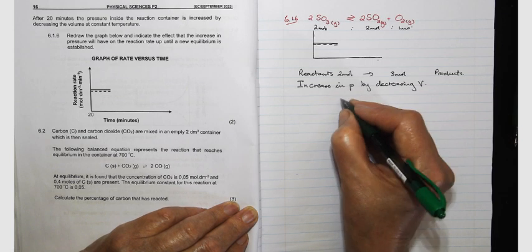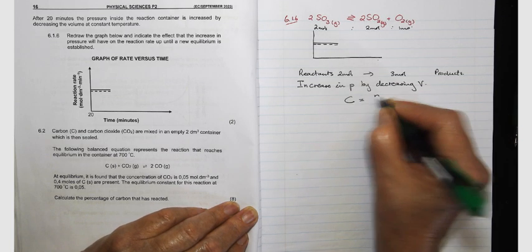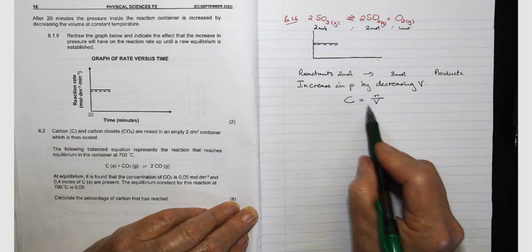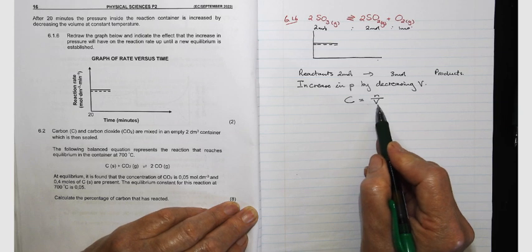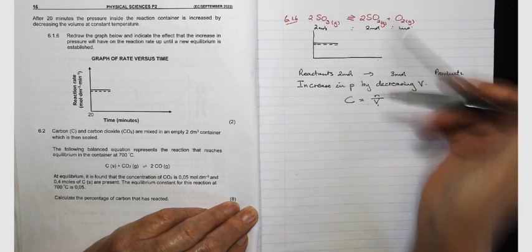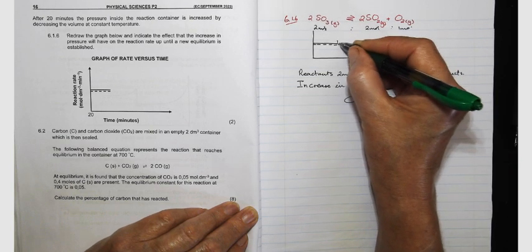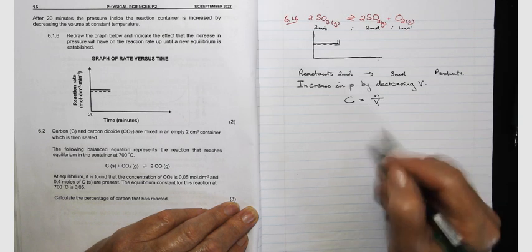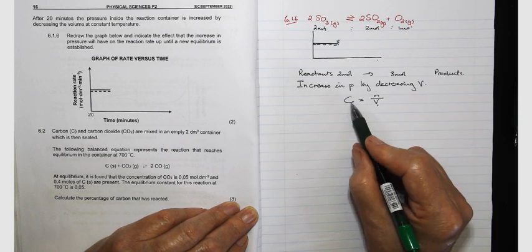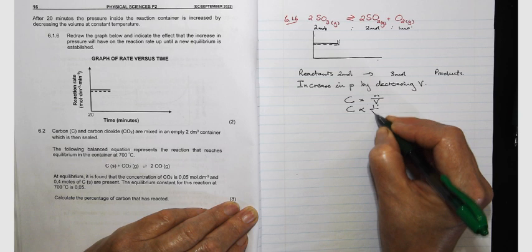if volume is decreased, then concentration will increase, because concentration is inversely proportional to volume. That means that both the forward and the reverse reactions will speed up because of the increase in the concentration.